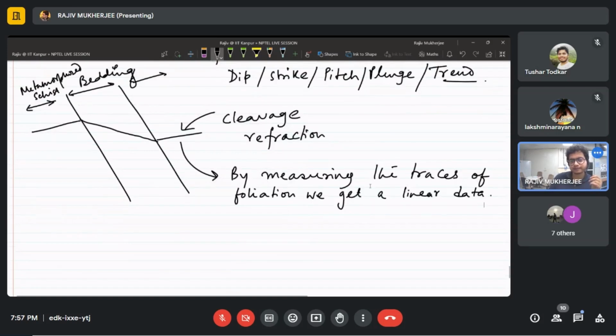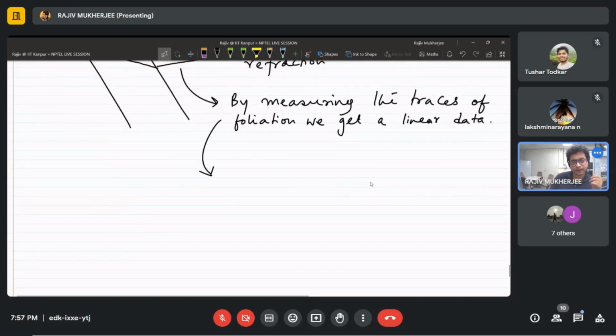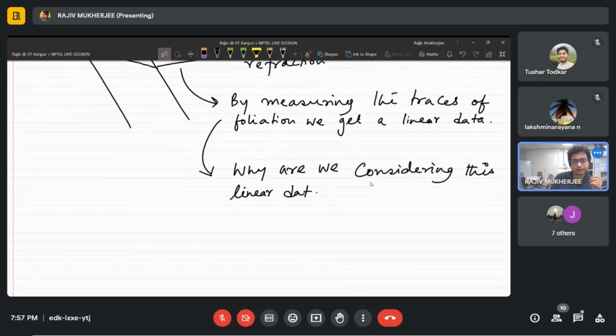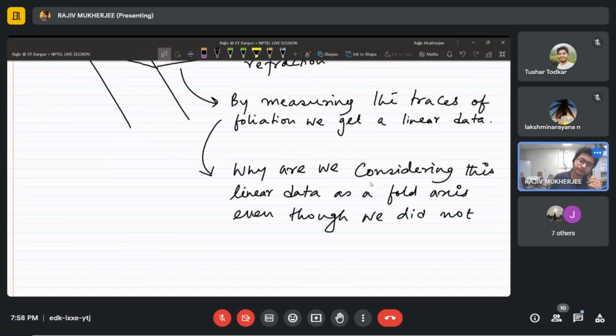My question is, why are we considering this linear data as a fold axis, even though we did not see the entire fold in the field?